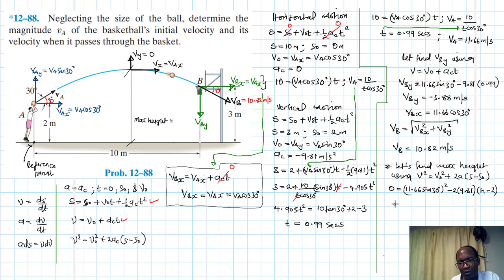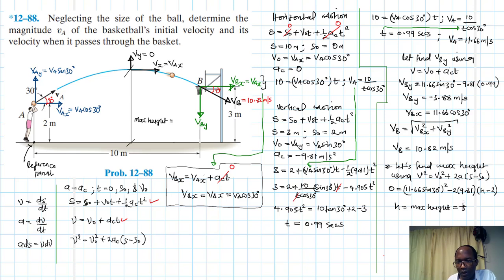Making h the subject of the formula, h, which is the max height, will be equal to 11.66 sine 30 squared divided by 2 times 9.81, and then plus 2.